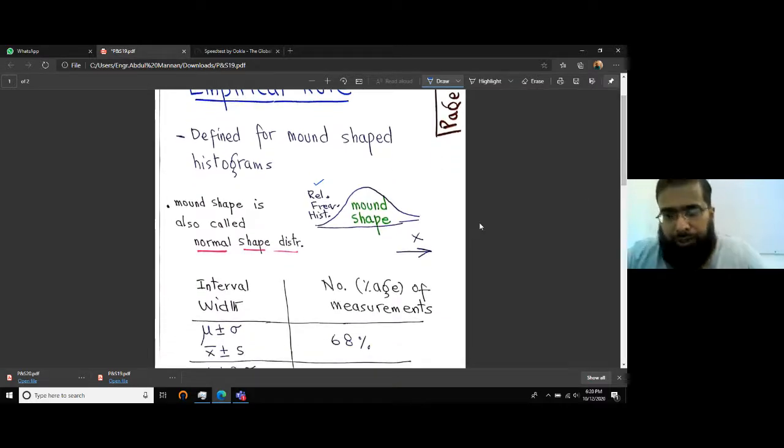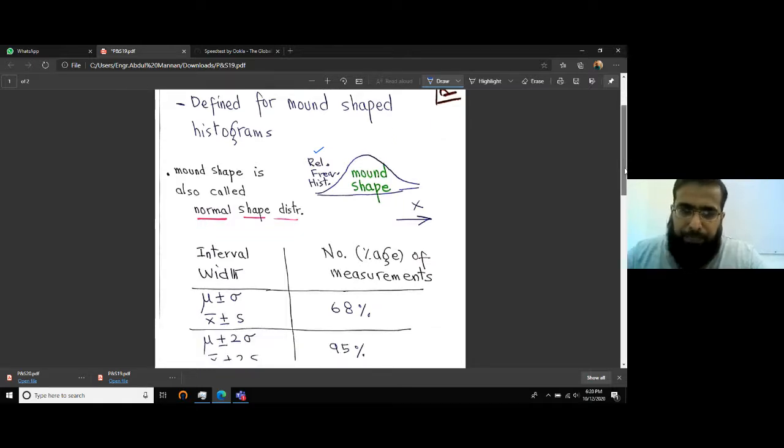For a data set, whether it's a sample or population, but the data should have this mound-shaped relative frequency histogram.